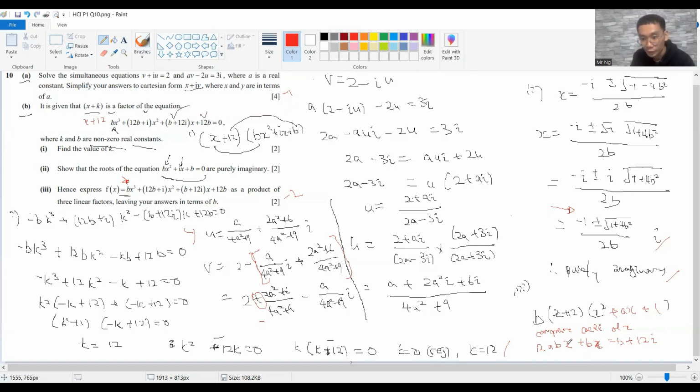I take out the x. Then after that, try to understand that your answer needs to be in terms of b, so we are trying to remove this a.